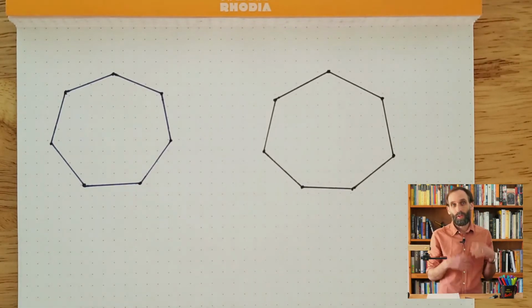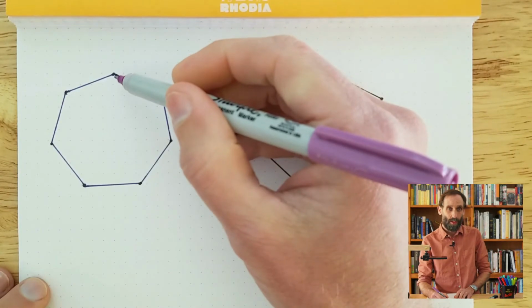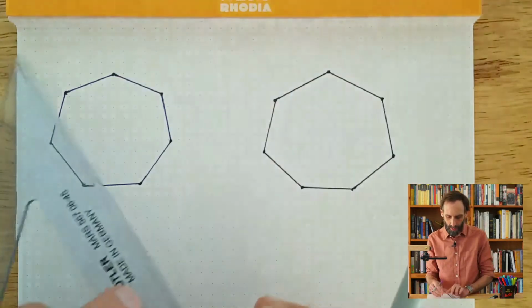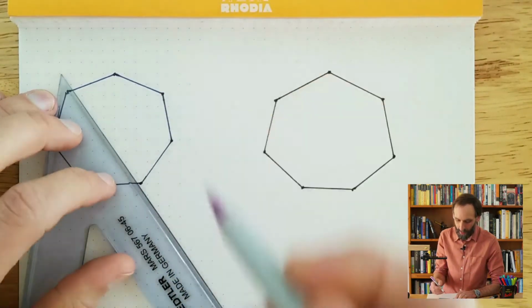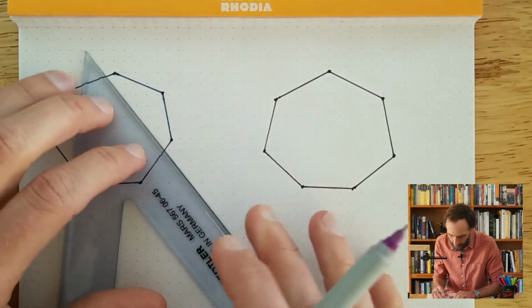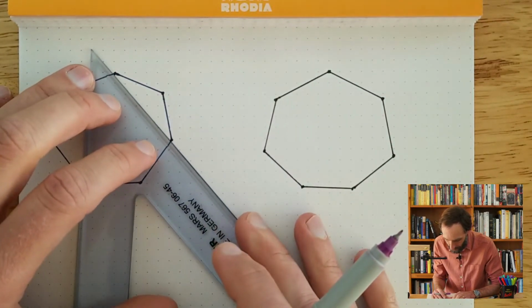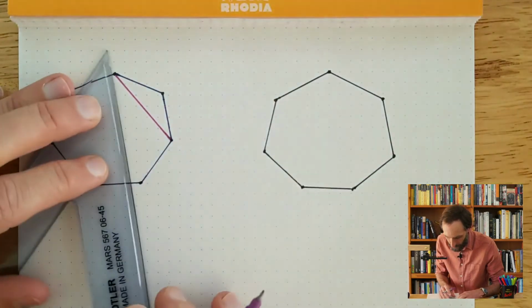So the first method, the most common method that I see students come up with, is this. They say, okay, let's pick a point, for example, this top point here, and let's go ahead and draw lines from this point down to the other vertices. It's already connected to this one, so let's draw a line from this vertex down to this one.